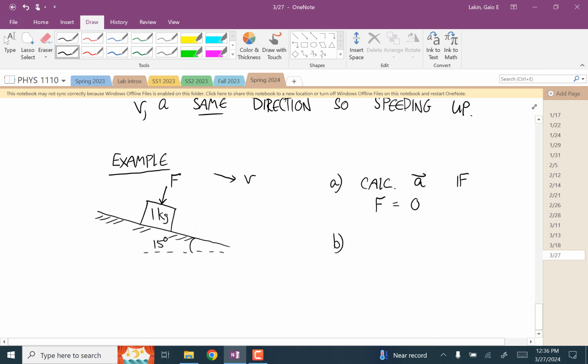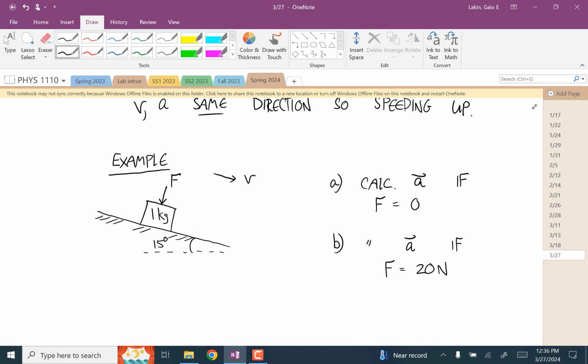And then second, we're going to calculate the acceleration vector if F equals 20 newtons. So first we're going to assume that force F isn't there, and second we're going to apply a force F.